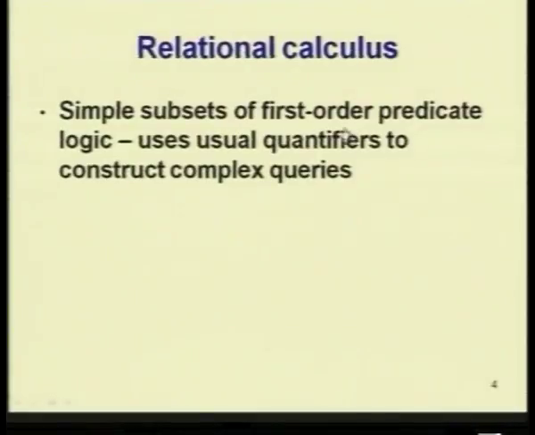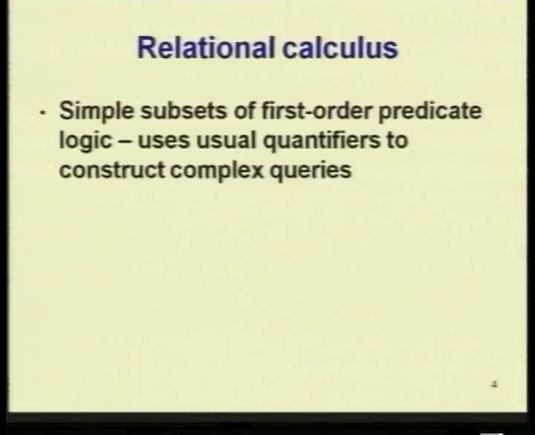Before we go further, we must know what relational calculus is. It is a simple subset of first order predicate logic, and it uses some quantifiers. We will discuss what quantifiers are later, to construct complex queries. Basically, it is first order predicate logic, which means it has logical variables, logical operators, predicates which are true or false, and some quantifiers.